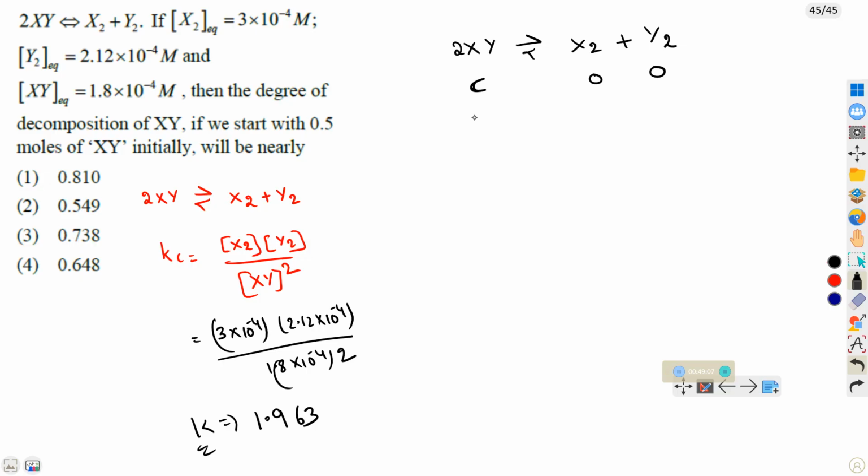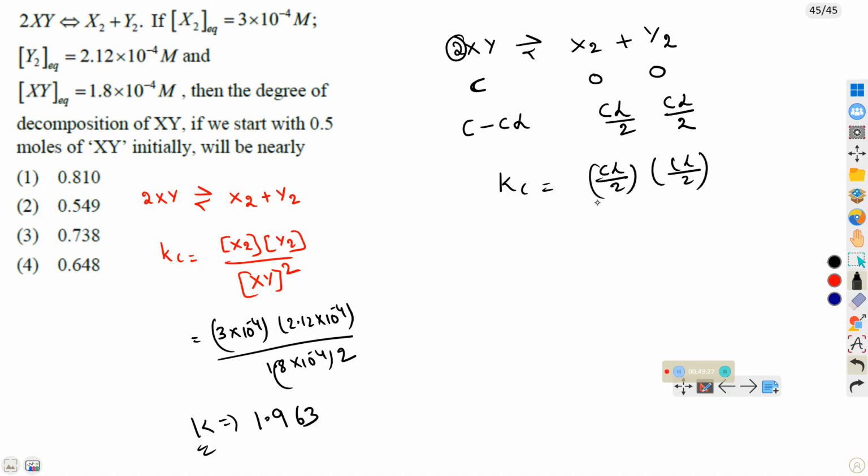Suppose C alpha amount of the substance is dissociated, then C minus C alpha by 2 moles, C alpha by 2, C alpha by 2. Then Kc is equal to C alpha by 2 into C alpha by 2 by C minus C alpha whole square.